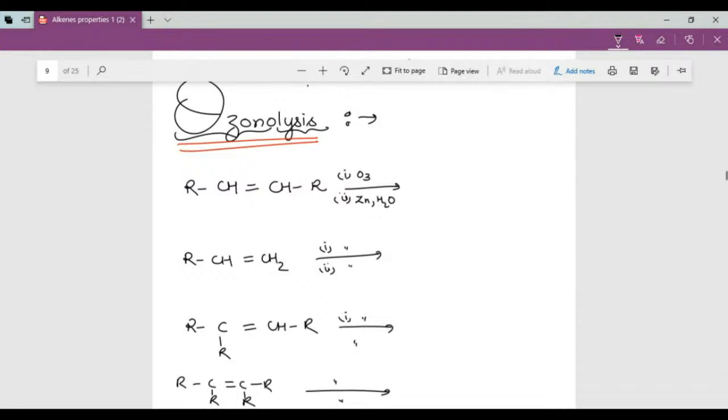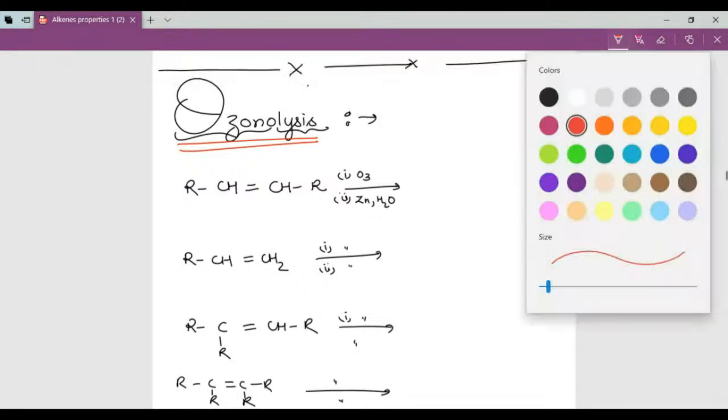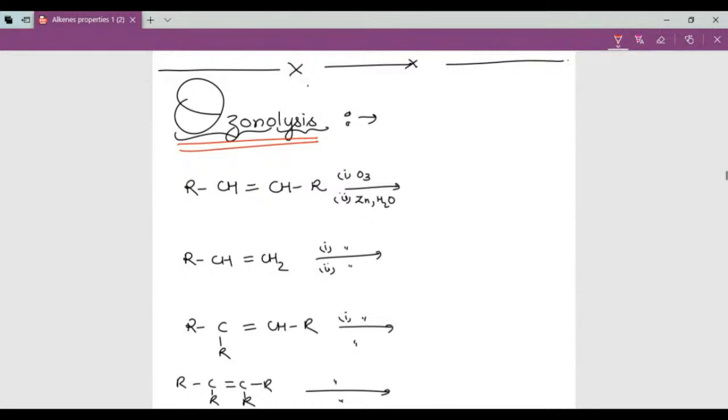Now, what will take place in the reaction? Let us see that. These bonds will break like this.